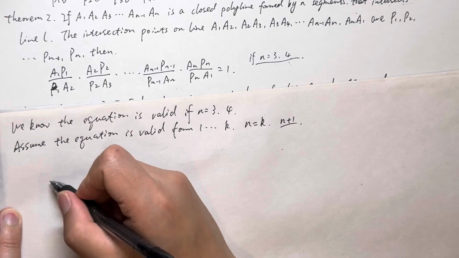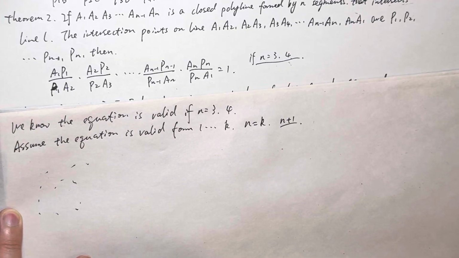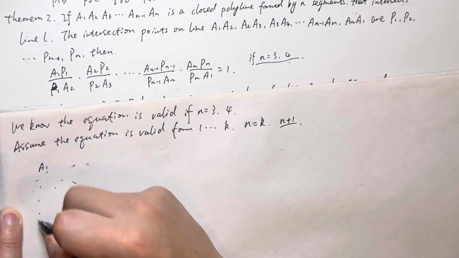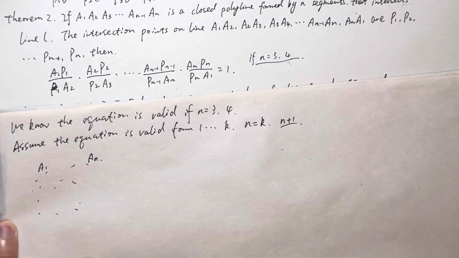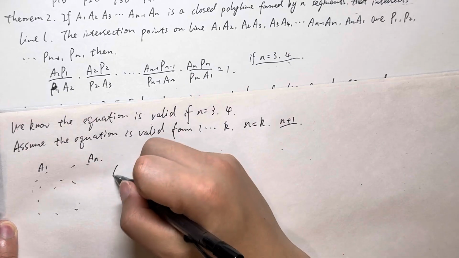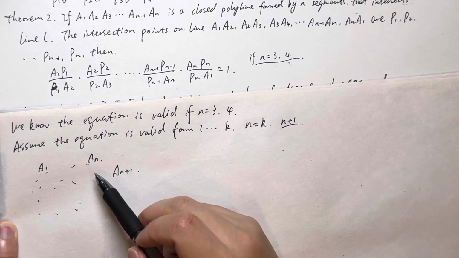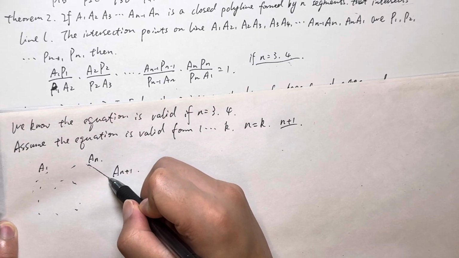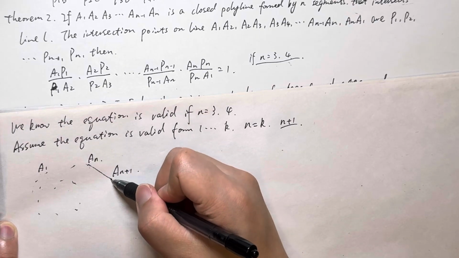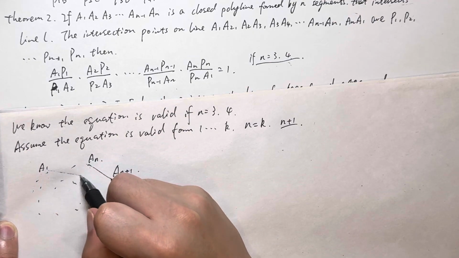You can think about that we have the n points, right? N points A1 all the way to An. N points on the plane, and now we want to have another point An+1, right? Which means we just need to connect the An to An+1, and then connect it back from the An+1 to A1.